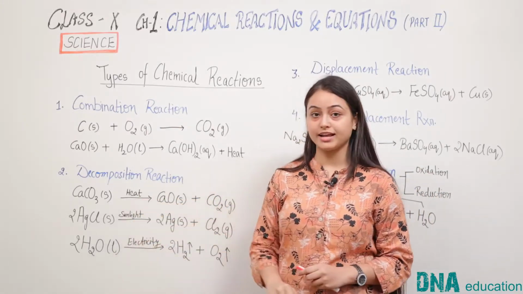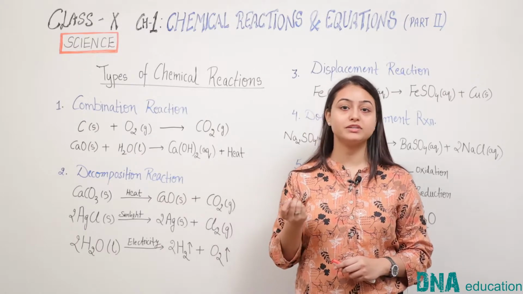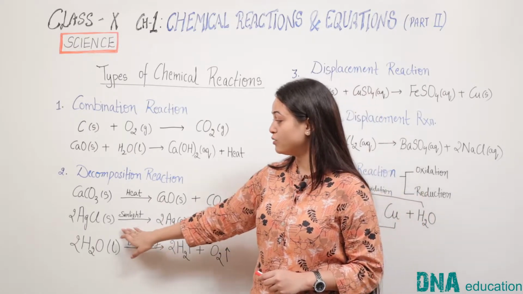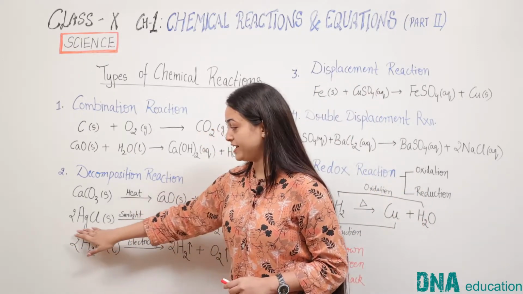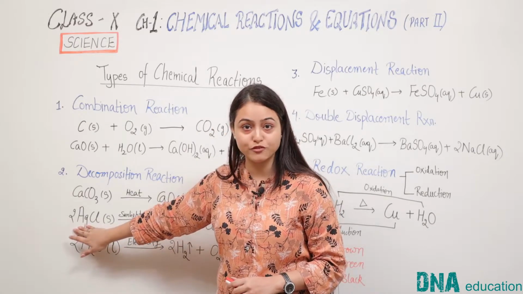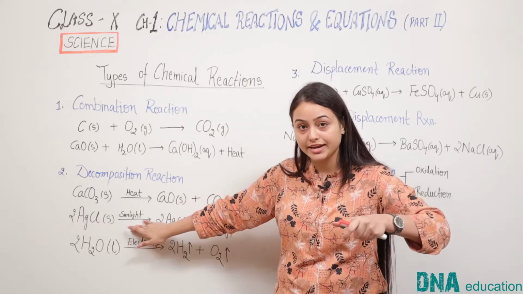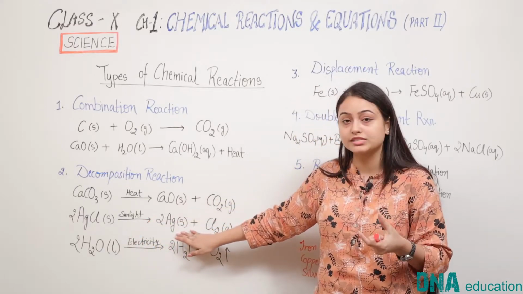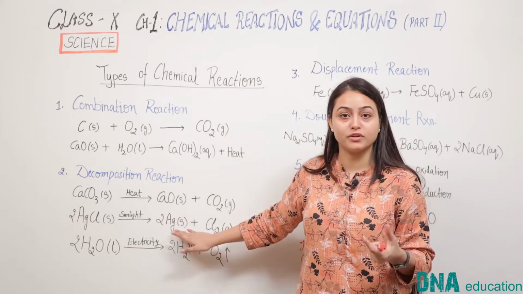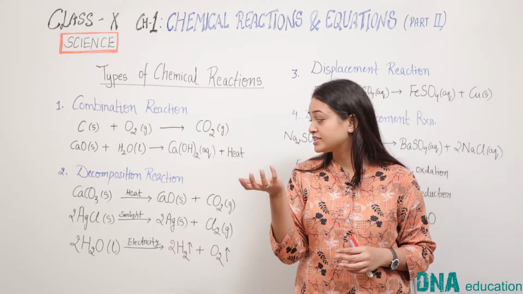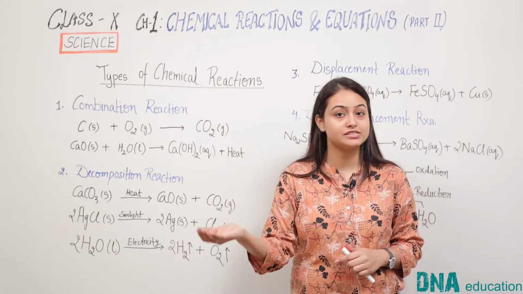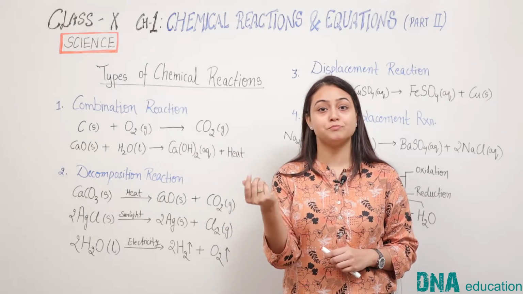Second is sunlight. Sunlight, as we know, is the ultimate source of energy. Now, this is silver chloride, AgCl. Ag is the symbol for silver. Silver chloride, when kept in sunlight, is converted into silver. This is a common phenomenon. Whenever we take silver chloride in a vessel and keep it in sunlight, we see that it turns blackish.